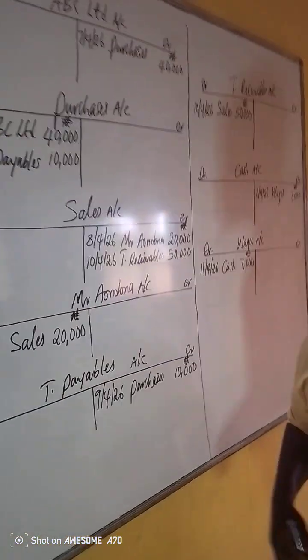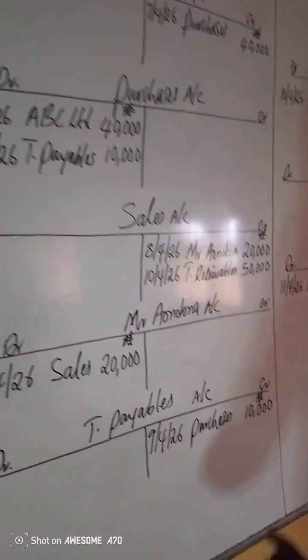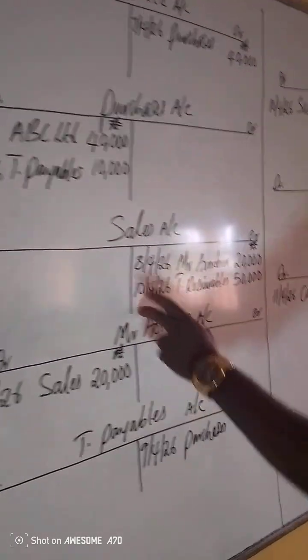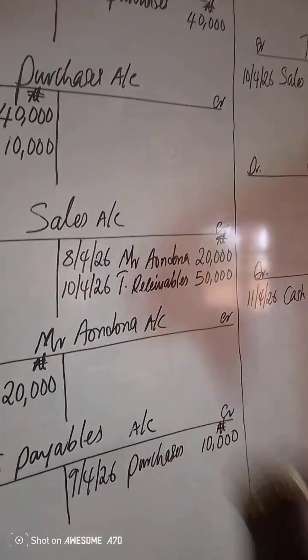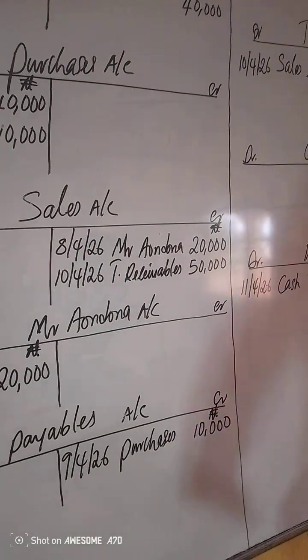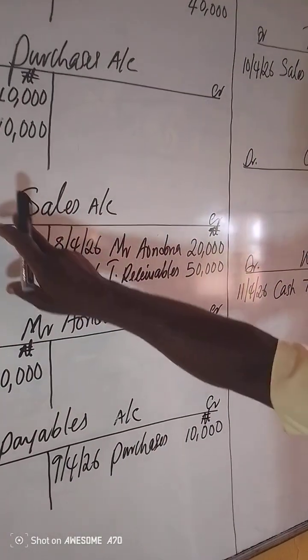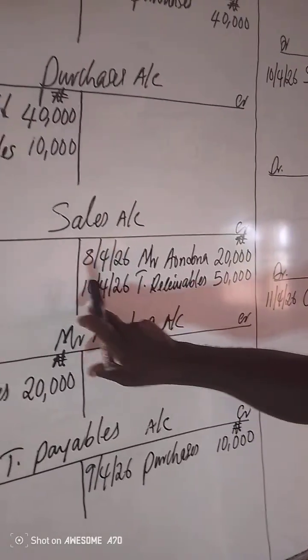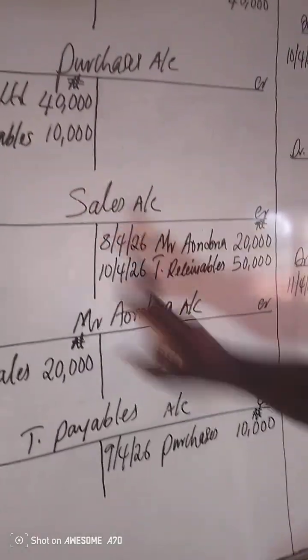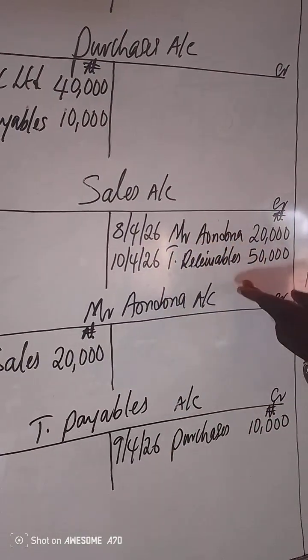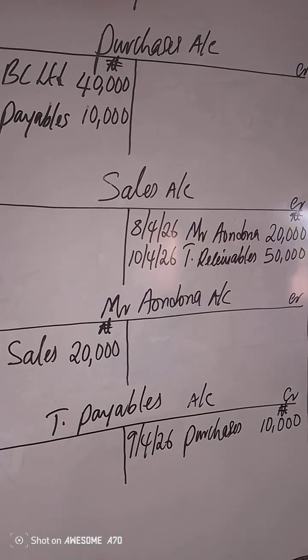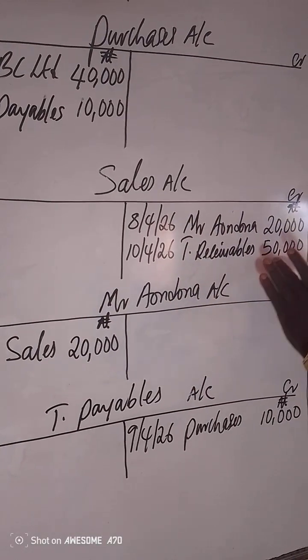Always start with the giver. The giver is sales. What you are giving out, the goods you are giving out, are referred to as sales, you are selling. So in this case, sales on the faithful day, 10th of April 26, is giving out trade to receive value from the sales, and the value is 50,000.